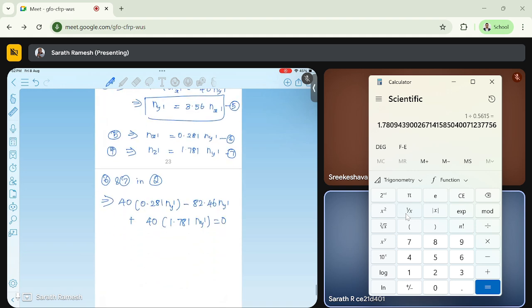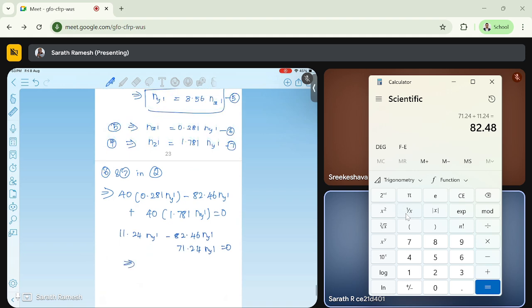So what we get? 40 times 0.281 is 11.24 ny1, minus 82.46 ny1, and 40 times 1.781, 71.24 ny1 equal to 0, plus 11.24. So this is equal to 0, equal to 0.